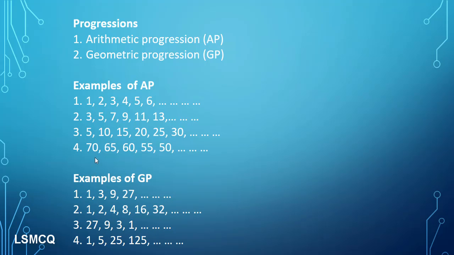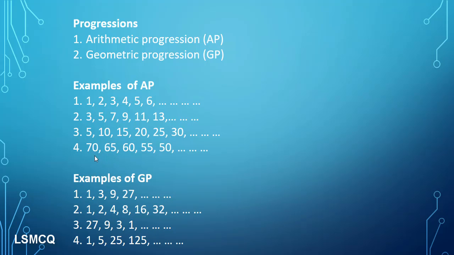Now let's go to the fourth example. In the fourth example, our very first term is 70. You can see that the second number was obtained by subtracting 5 from the first number. So the common difference here is minus 5. The common difference won't always be positive, it can also very well be negative, so you have to keep that in mind.